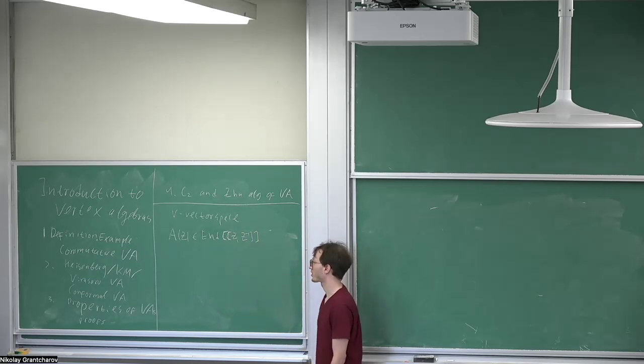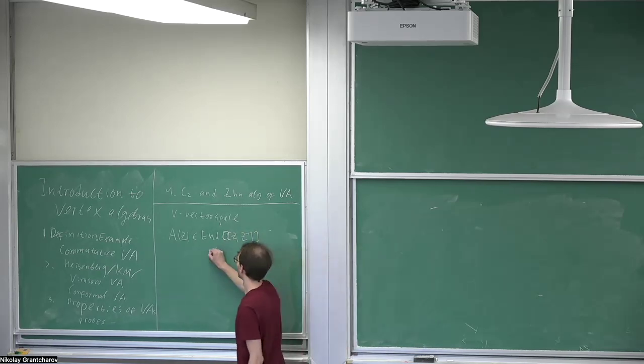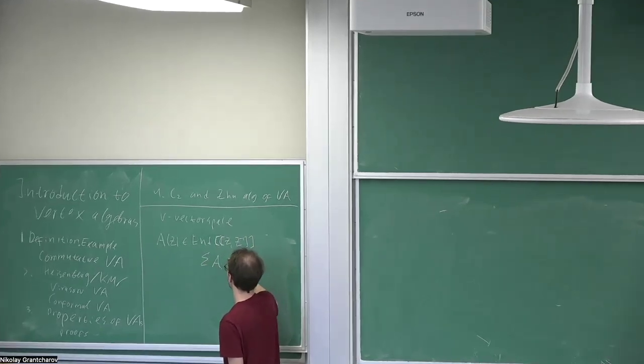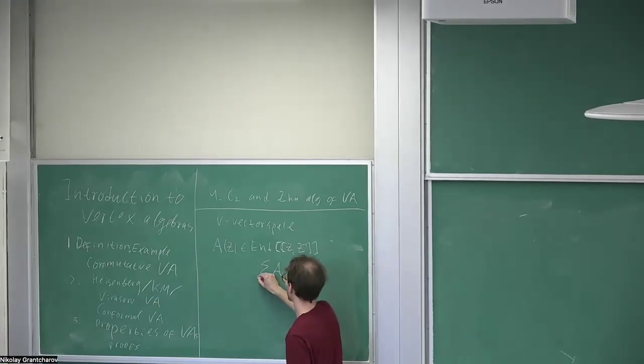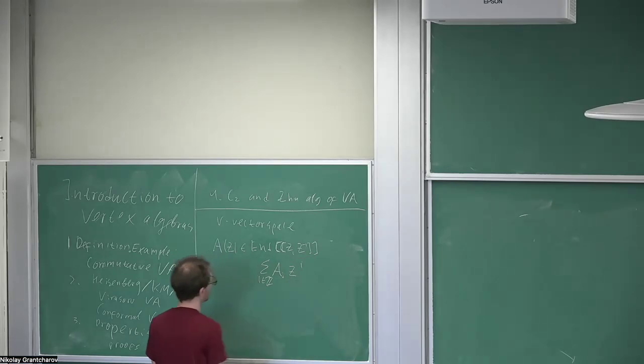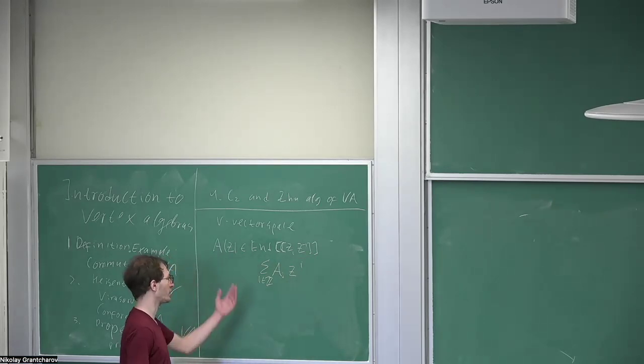So it's just sums a_i z^i, where i is just an integer, so it's not a ring, but it's a linear space.